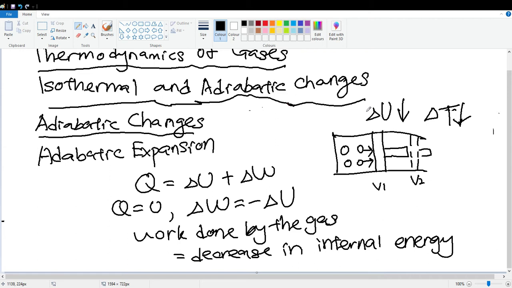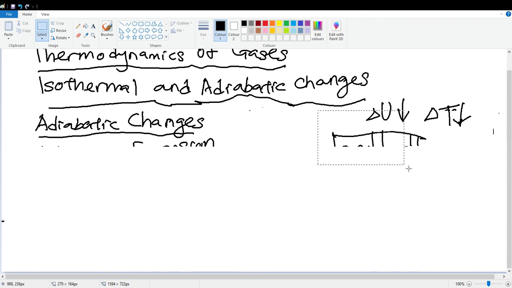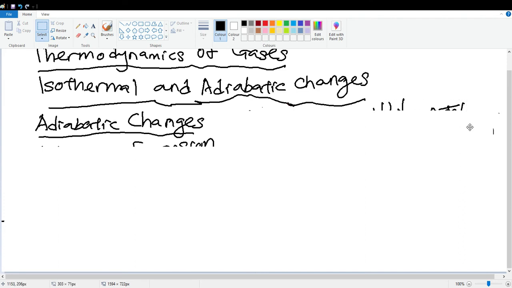Hence the temperature of the system will decrease, since the internal energy of the ideal gas is totally converted to the work done to push the wall of the piston from V1 to V2. This is what we mean by adiabatic expansion. So we have done the first process. Let's go through the other process, which is adiabatic compression. Let me erase all this first.